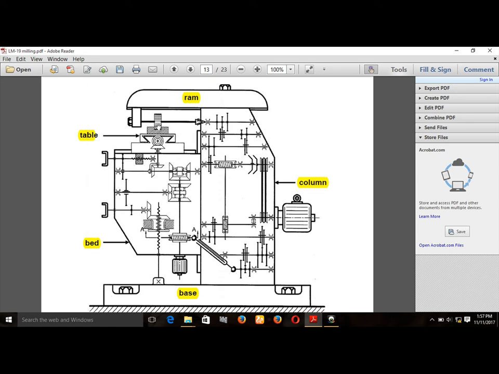So we can see that this milling cutter is attached to the output shaft of the speed gearbox, and the speed gearbox also supplies the rotary motion to the output shaft, and the milling cutter receives this rotary motion and rotates over the working table and cuts the workpiece very easily. So that is the main kinematic system of the machine tool.